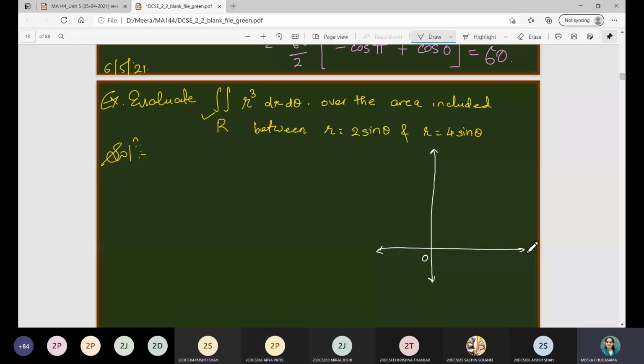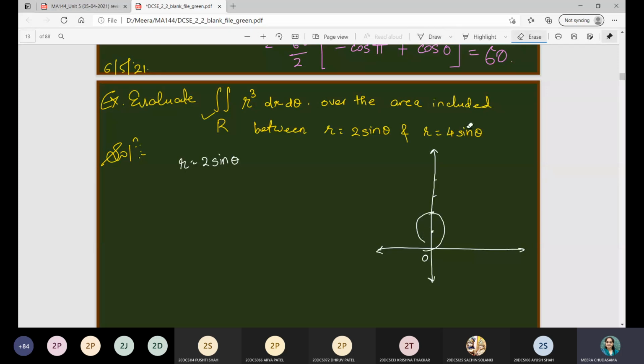And what will be the center of the circle? 0, 1. This is the circle. Suppose I take this scale as 1, this is 2, 3 and 4, right? So this one will be 0 comma 1. So radius 1, r equal to 2 sine theta. If you consider, then it will give you the circle centered at 0 comma 1 with radius 1.